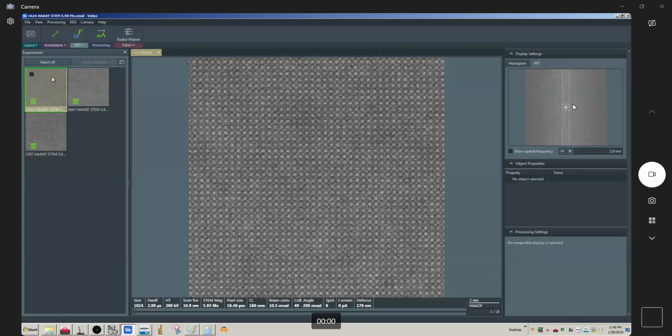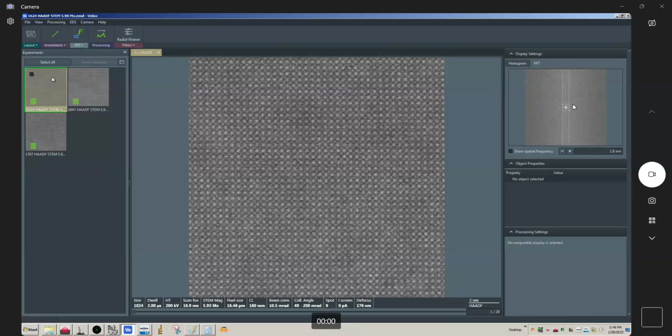I have noticed that this is usually not a problem ever with the Themis because we have the advantage of the CS correction, but I see this problem very frequently with the Talos, which does not have the CS correction and does not have the level of detail that we can obtain, okay? The STEM resolution at best is 1.6 angstroms at 200 kilovolts with the Talos.